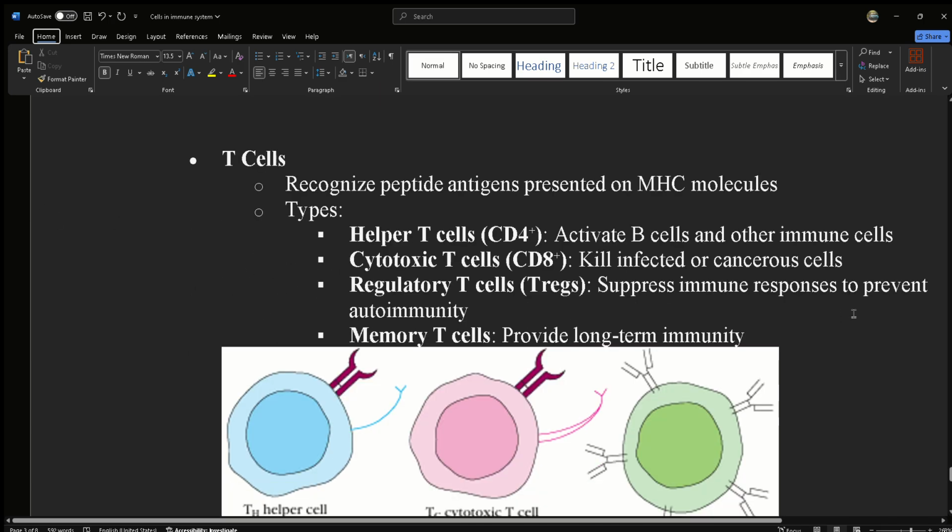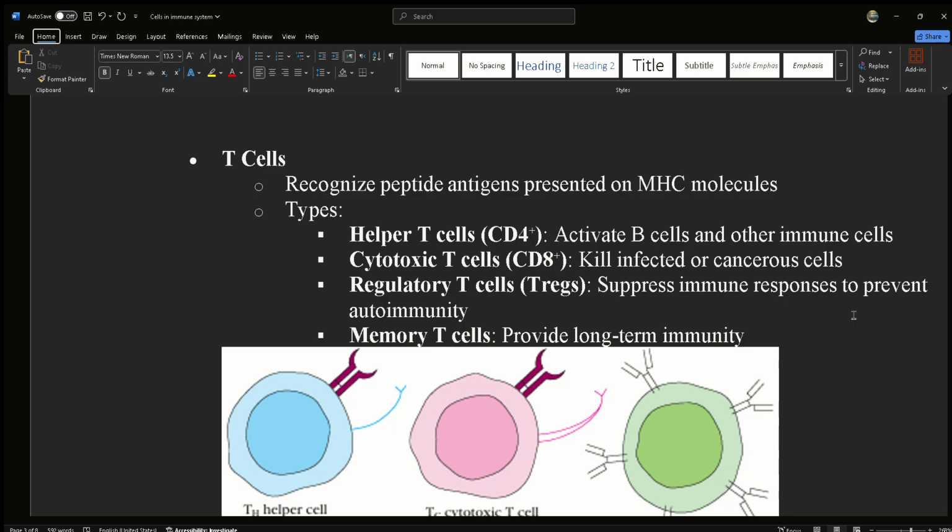So T cells recognize peptide antigen presented on MHC molecules. The cells will process the protein and then present these processed proteins, or epitopes, or fragments of the proteins bound with MHC I or MHC II to the T cells, and then the T cells having the specific receptors for that epitope will bind and be activated.